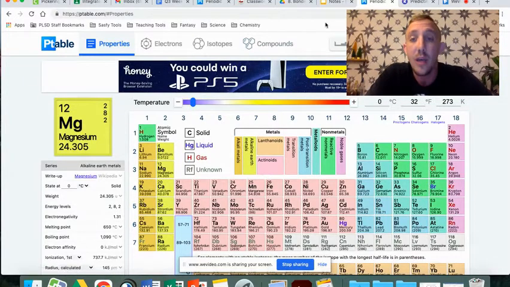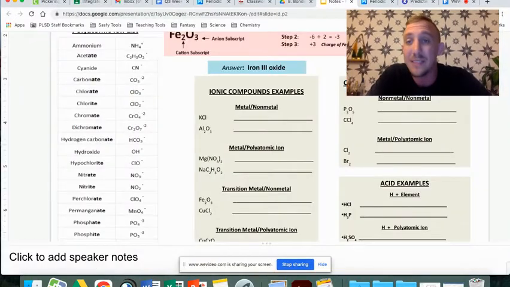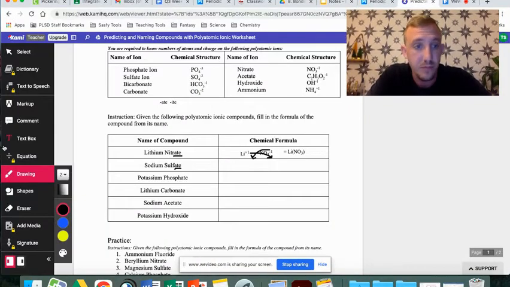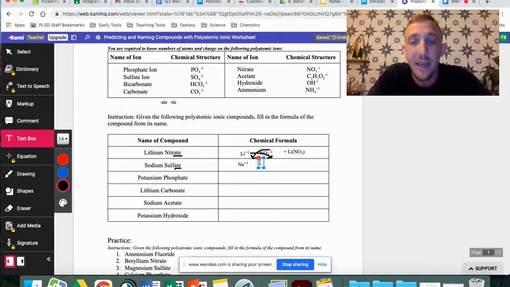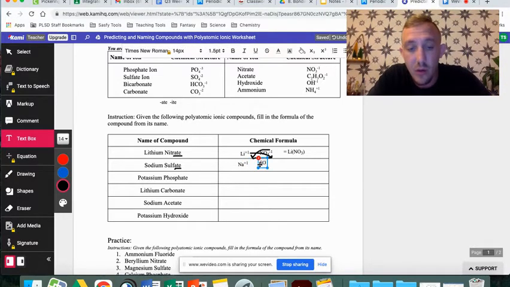And so sodium is also going to be positive 1. So I have Na, and it is also plus 1. And then my sulfate is SO4, and it's a negative 2.